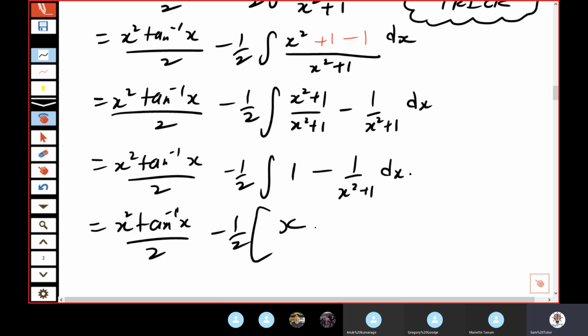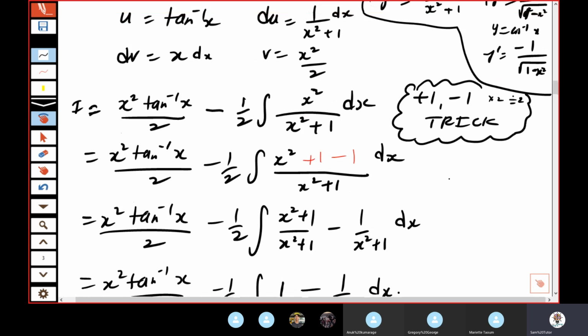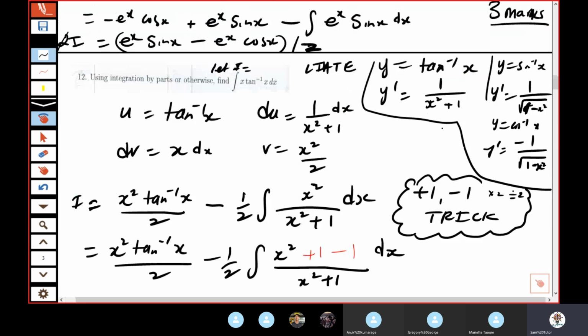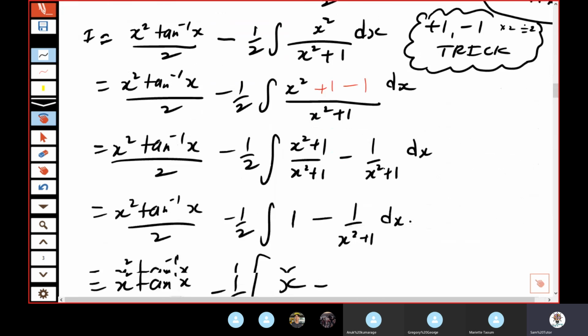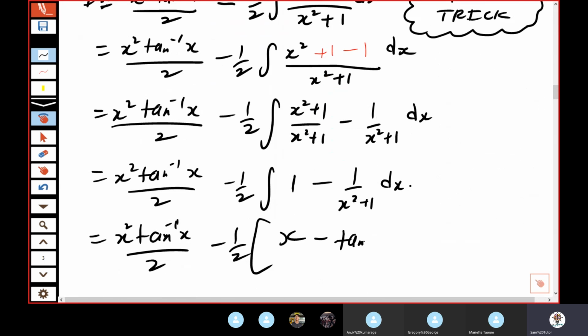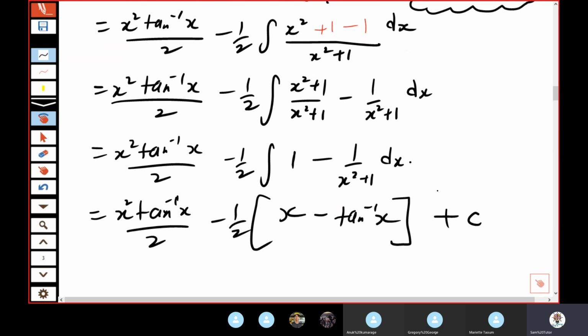What's the integral of 1 on x squared plus 1? Well, the integral of 1 on x squared plus 1 is inverse tan x. And now, of course, plus c because there's no limits.